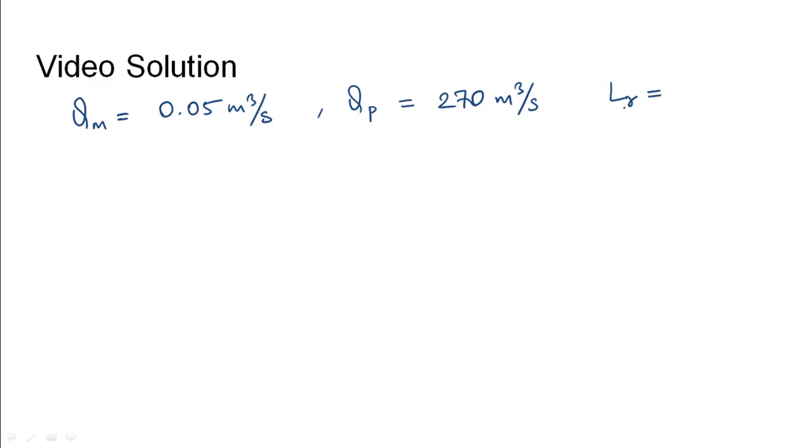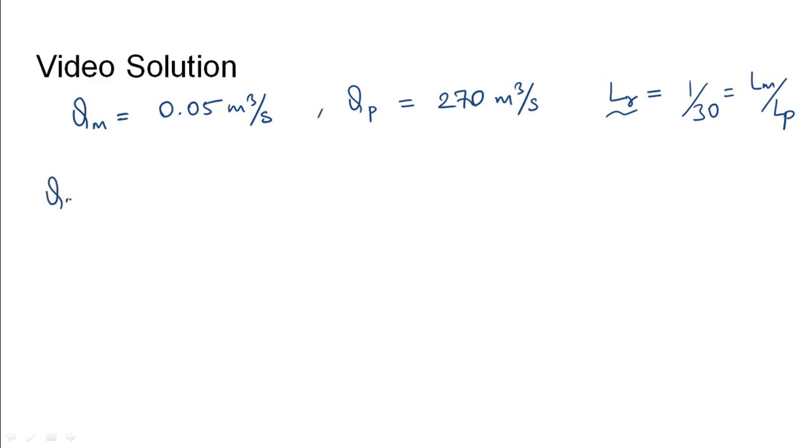In our case, we have been given the discharge of the model as 0.05 meter cube per second. The discharge in the prototype is given as 270 meter cube per second. The length scale, indicated by Lr, which is the length ratio, is given as 1/30, which will be the length of the model divided by the length of the prototype.